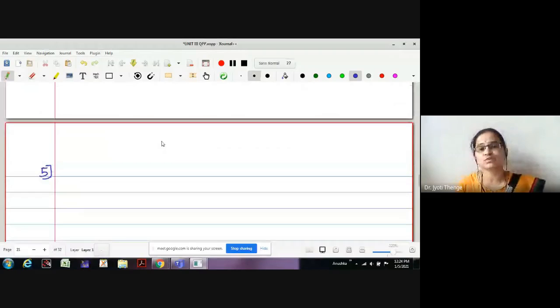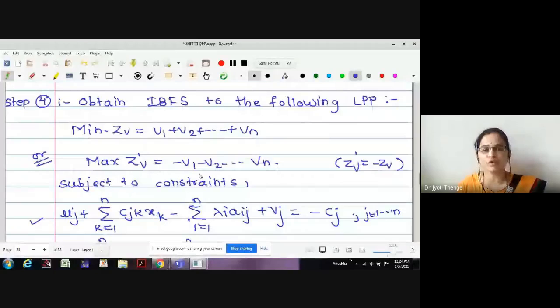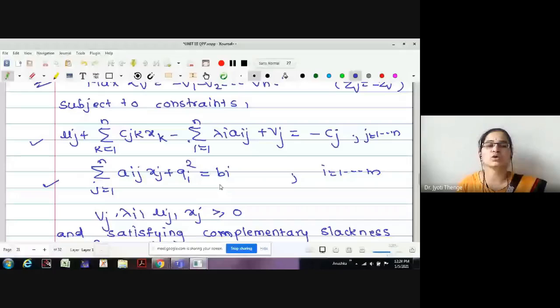in phase 1 only. Because in phase 2, we bring in the original cost for the original variables. But here we have this much as the objective function. Therefore, no need to go for phase 2. Whatever solution is obtained by phase 1 will be the solution of this linear programming problem, and it is equivalent to the solution of the original quadratic programming problem.